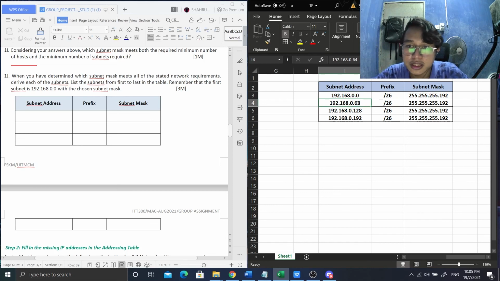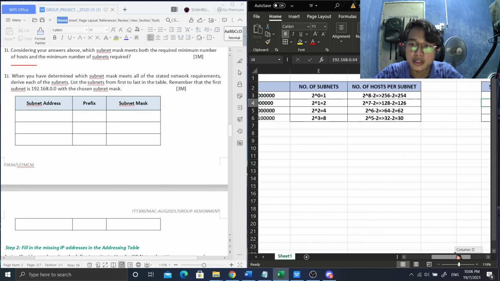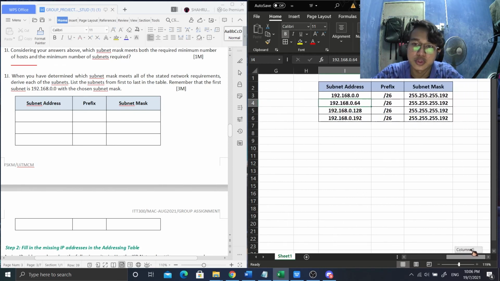To get the 64 behind this, we get it from the binary, which is 2 to the power of 6. The answer is 64. So we have 64 addresses.